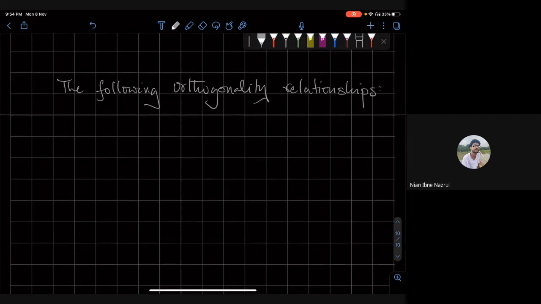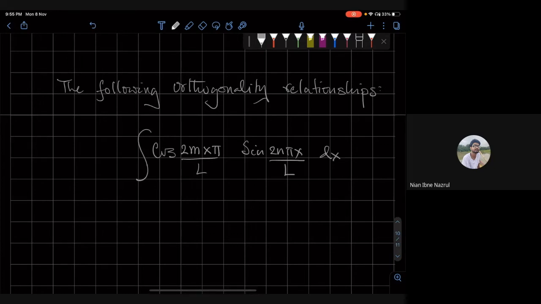So for example, if I take a cosine function, cosine of 2m pi x divided by L, and say sine of 2n pi x over L, and integrate it from minus L by 2 to plus L by 2, and just for good measure, I divide by 2 over L, then you can show that this is 0, right?